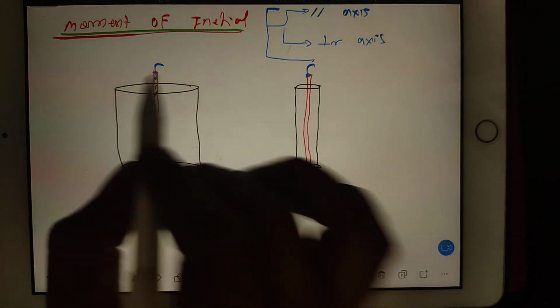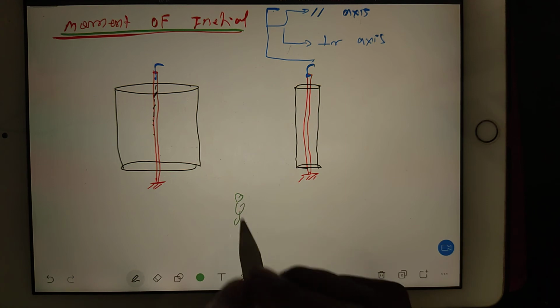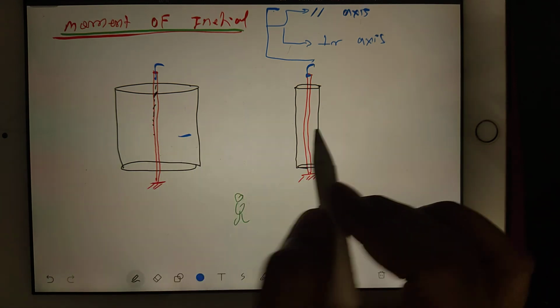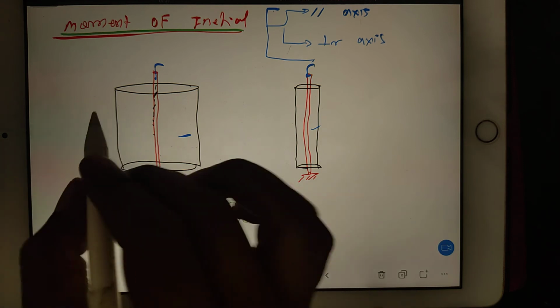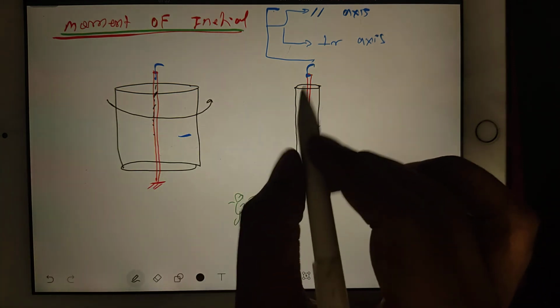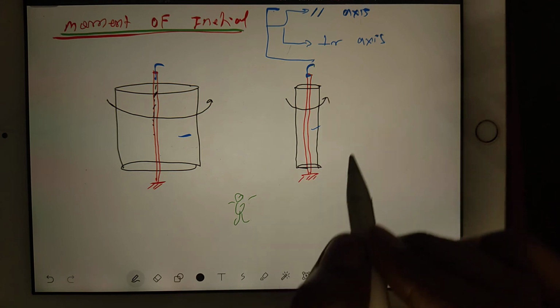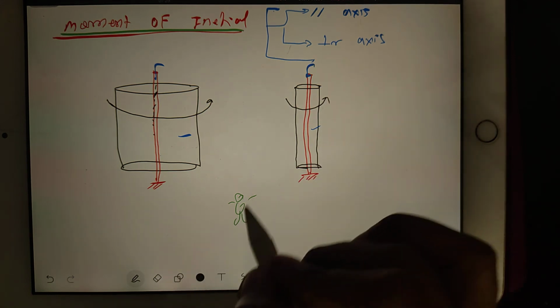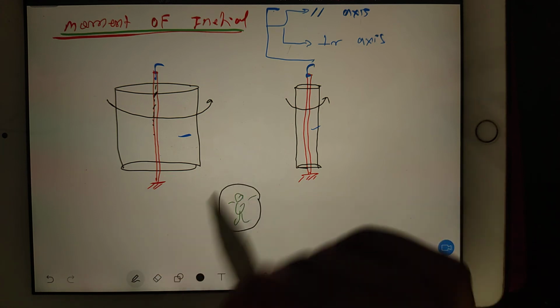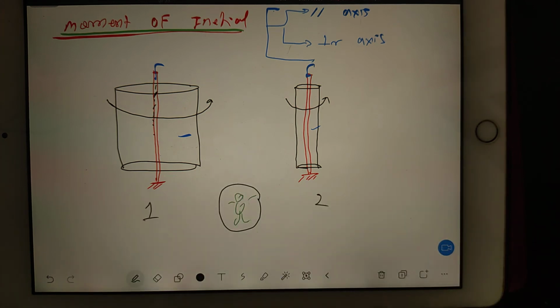Now suppose they are both solid cylinders. Suppose there is one person trying to rotate this cylinder, and then trying to rotate this cylinder. Then what do you think? In which case will this person feel more effort, in case 1 or in case 2?